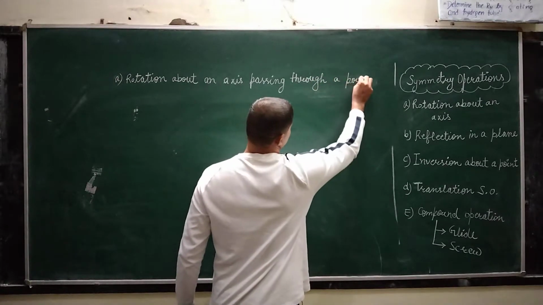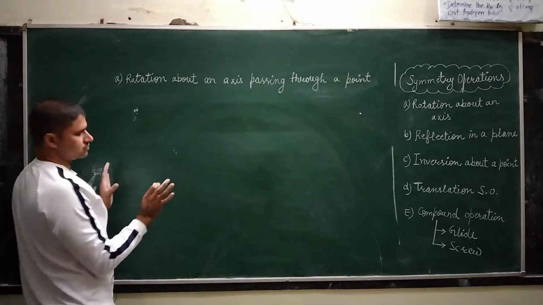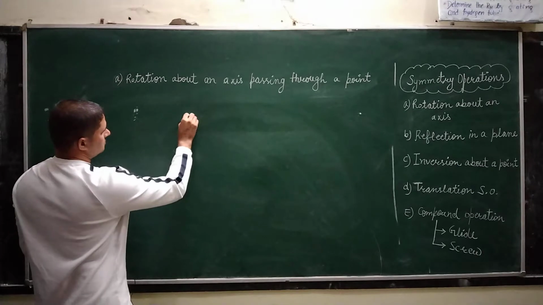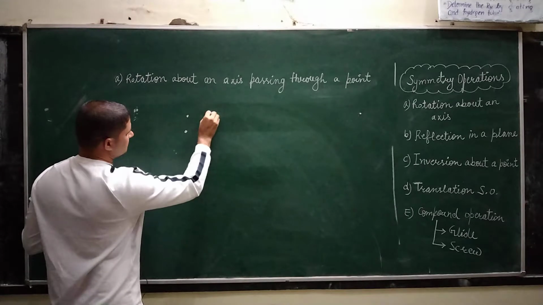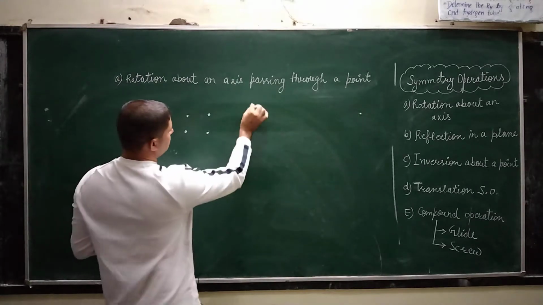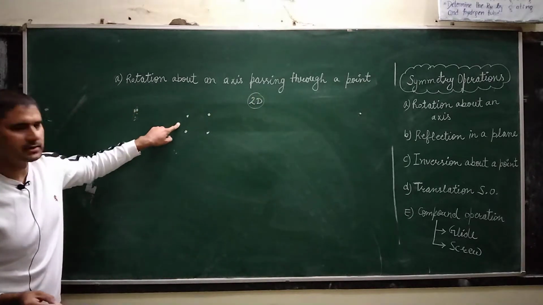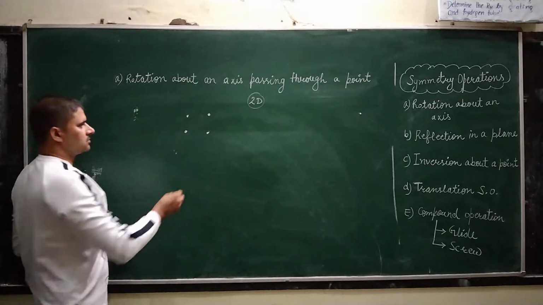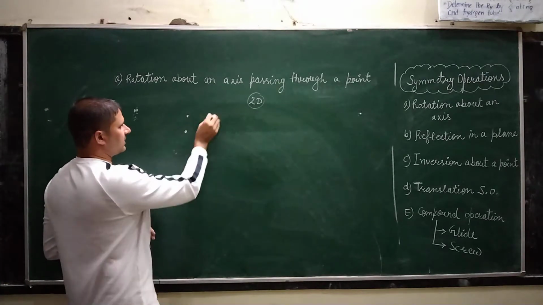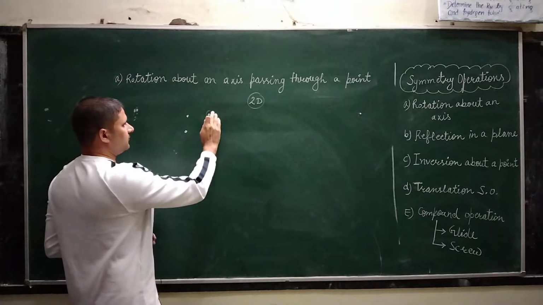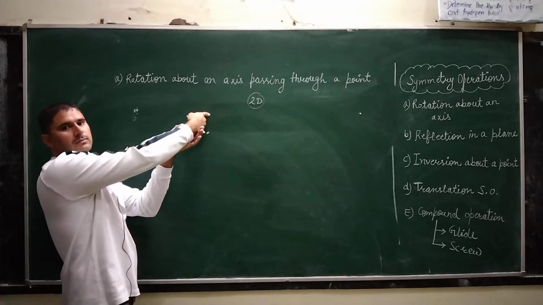Class, in this, suppose we have such an arrangement, and this crystal structure is 2D, in 2 dimensions. If I take any point, you can take a point of your choice, you can take the point to be here or here, and rotate it about an axis which is perpendicular to the plane of the crystal.